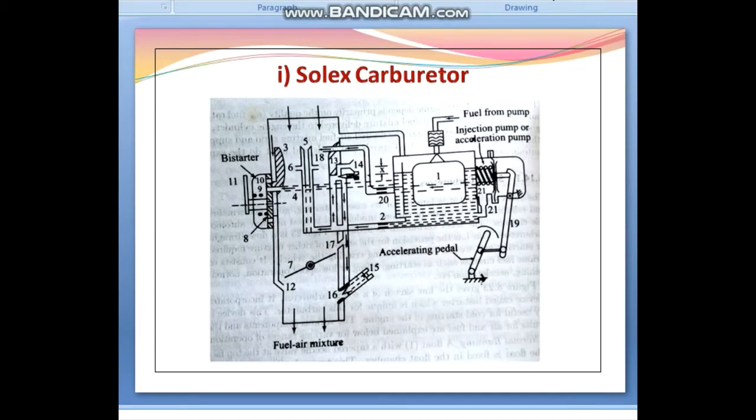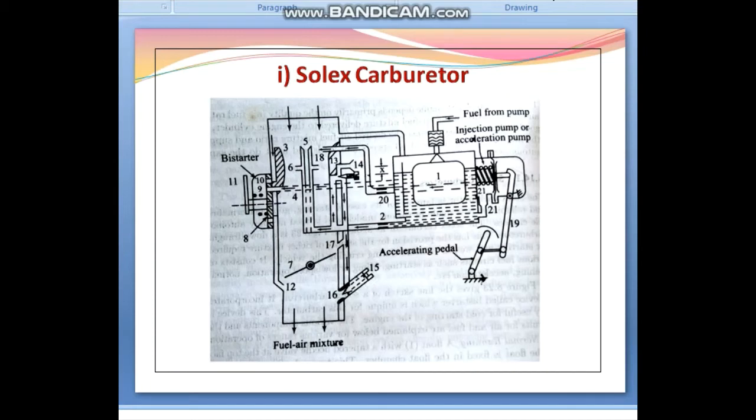Initially, for starting, richer mixture is required, and after the engine starts, the mixture has to be progressively leaned. In the start position, the bigger holes are in operation, the throttle valve being in closed position. The whole of the engine suction is applied to the starting passage, that is number 12.